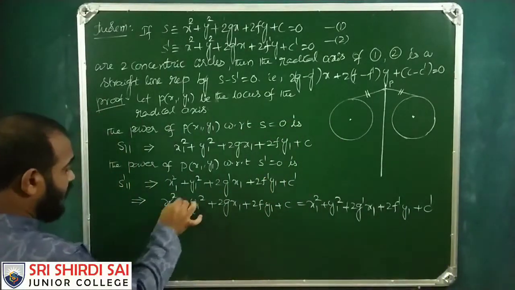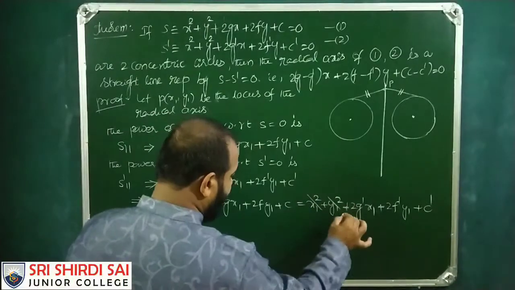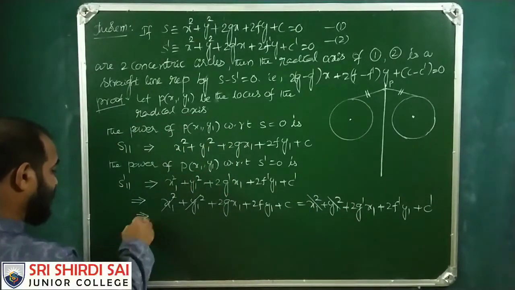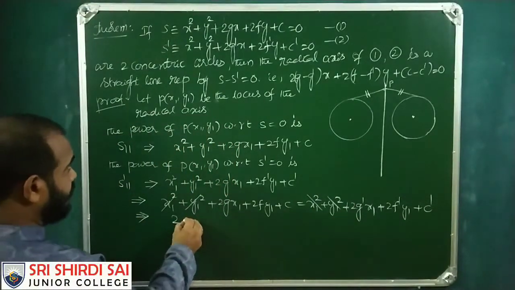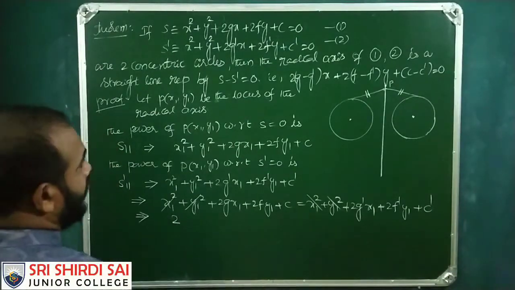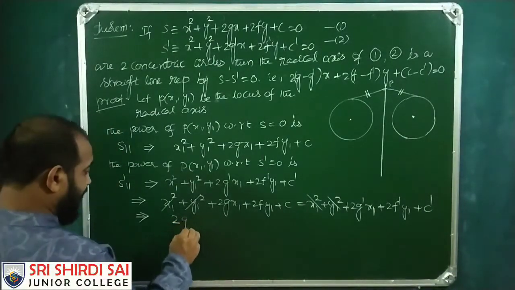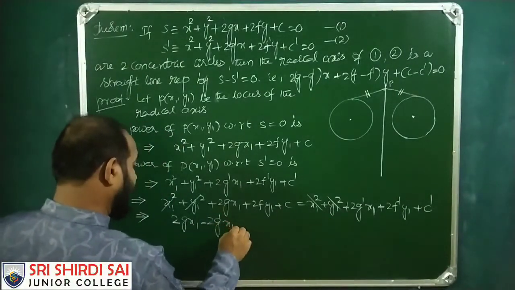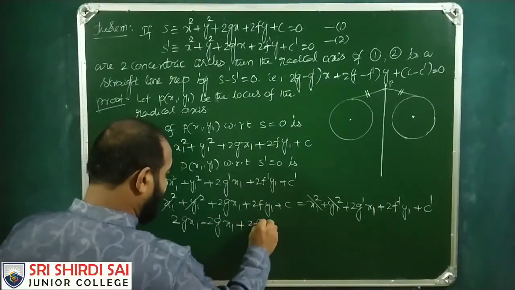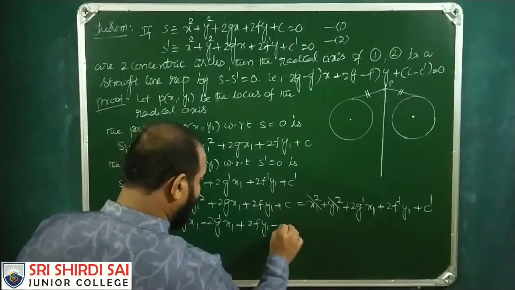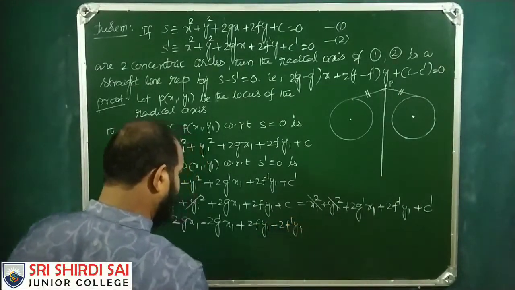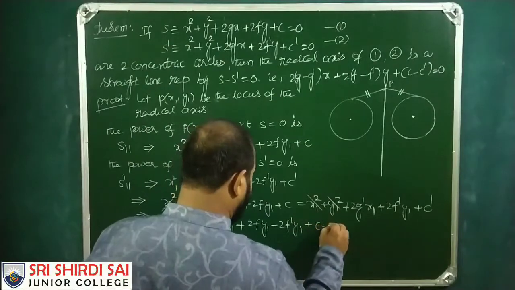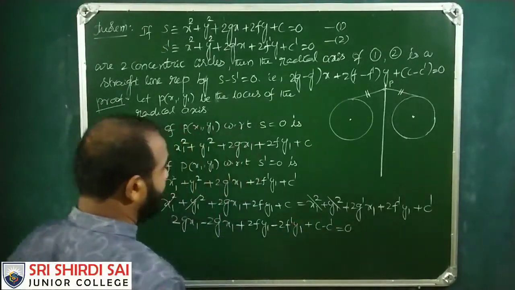So x1 square and y1 square get cancelled. So this is 2g x1 minus 2g dash x1 plus 2f y1 minus 2f dash y1 plus c minus c dash equals 0.